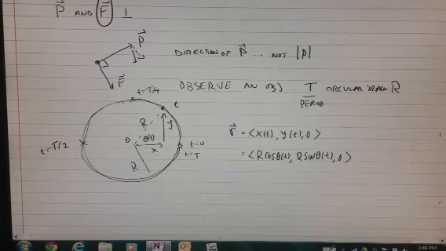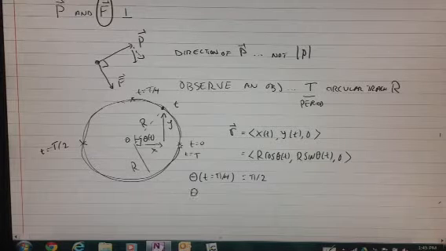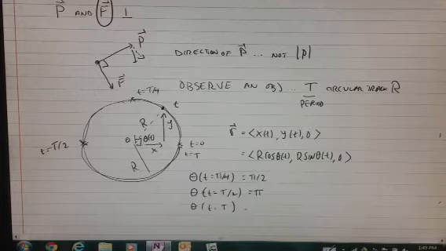Now theta when t is equal to the period over 4 should be this right angle, which is pi over 2. When the time is the period divided by 2, the angle should be pi, and theta when t is the period completely should be 2 pi. I think you see the pattern here.